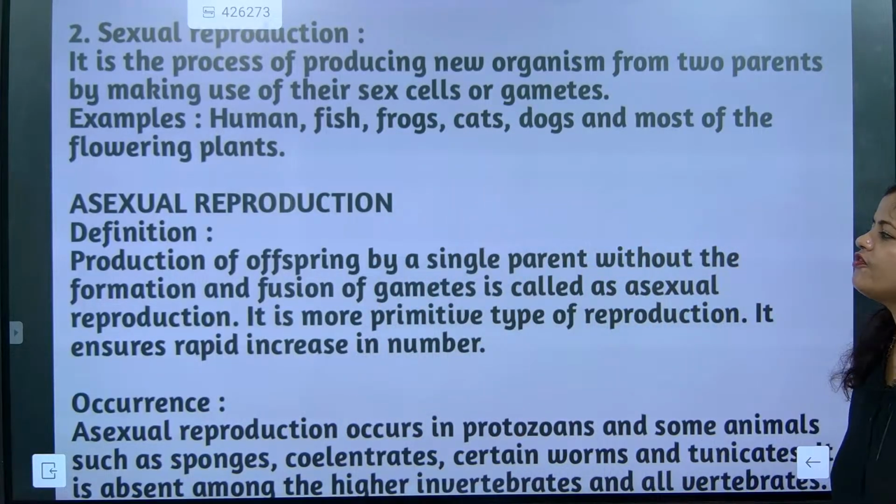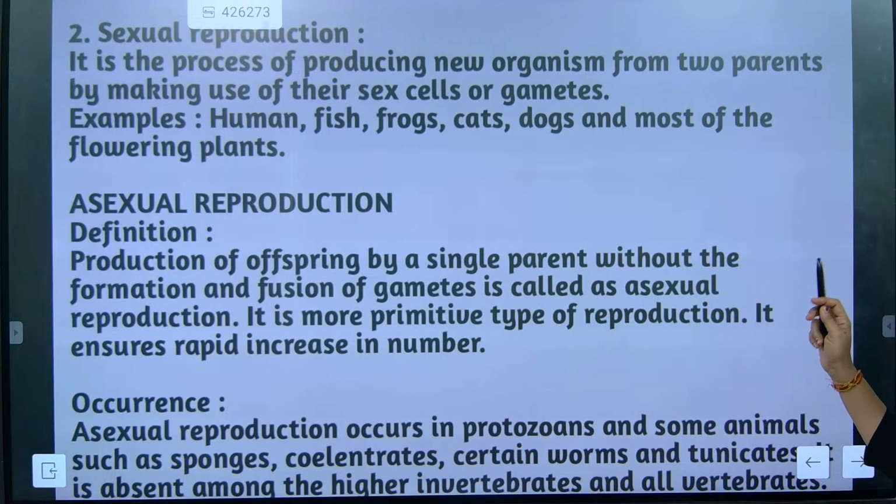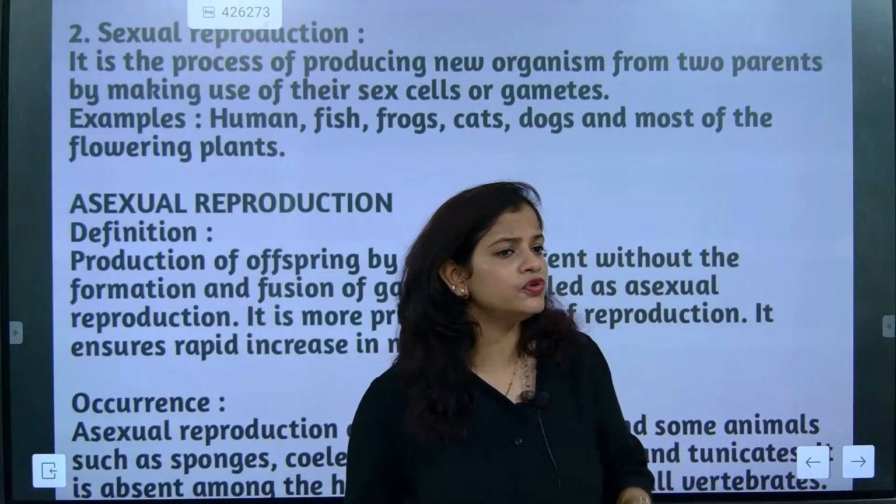Production of offspring by a single parent without the formation and fusion of gametes is called asexual reproduction. What is the meaning of the word fusion?